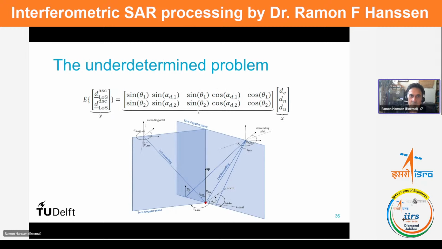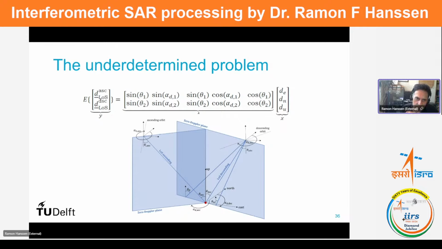So here we have still on the right-hand side the displacement vector, east, north, up. On the left-hand side, we have 2 observations. So we still have an underdetermined problem, and the null space is now one-dimensional. Previously, it was the plane. Now it is actually a line, as we will see.